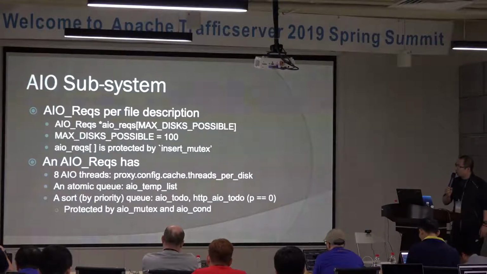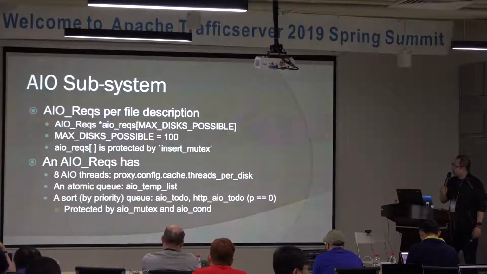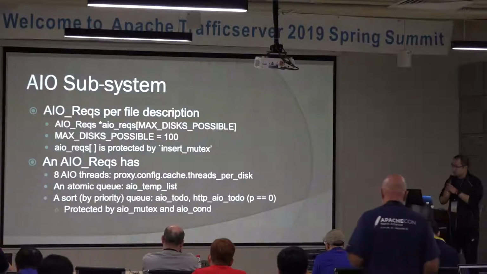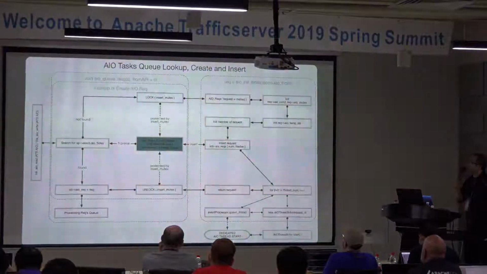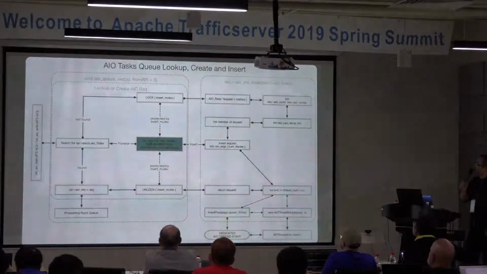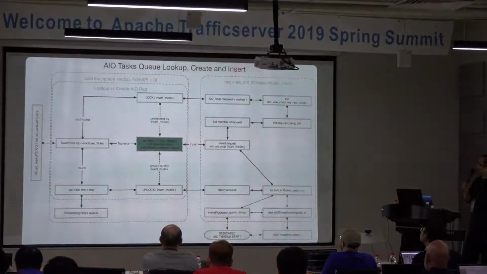Priority, it is always saving the IO task into the HTTP AIO to do. There is a diagram for the task queues lookup, create and insert.